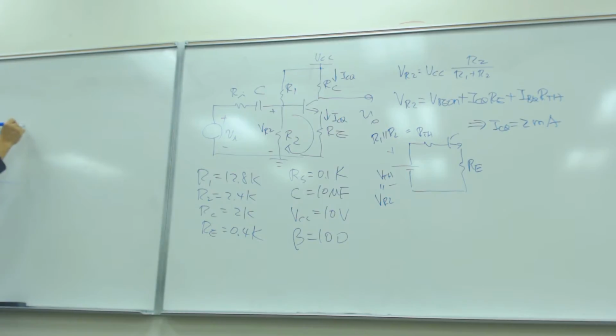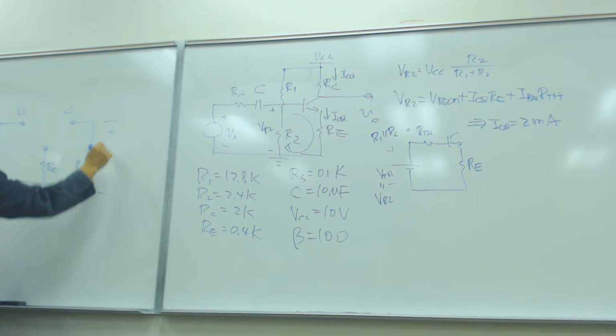It's connected to the base terminal of the BJT. The emitter is connected through RE to the ground. And the collector is connected through R sub C to the ground. And that is where we have the output terminal.